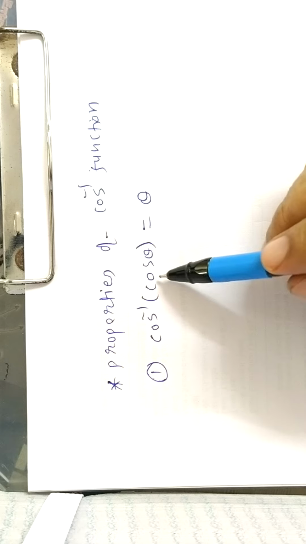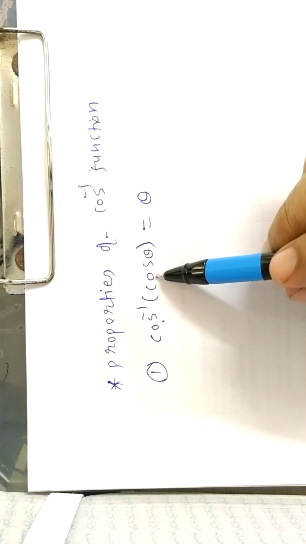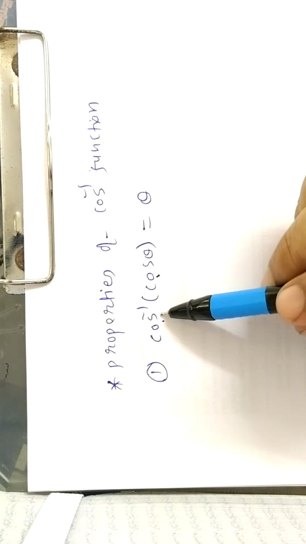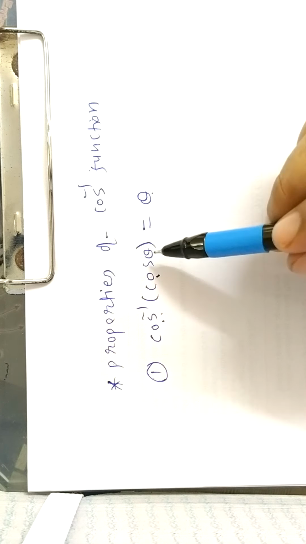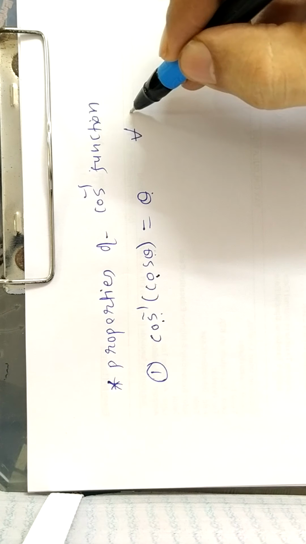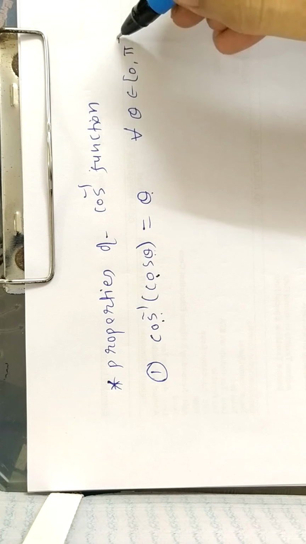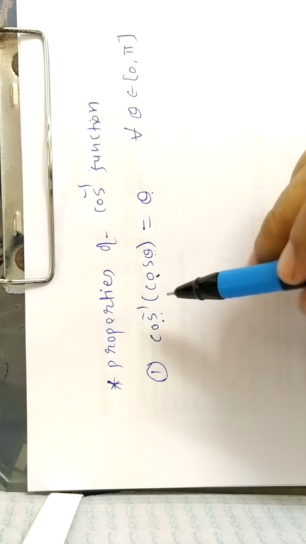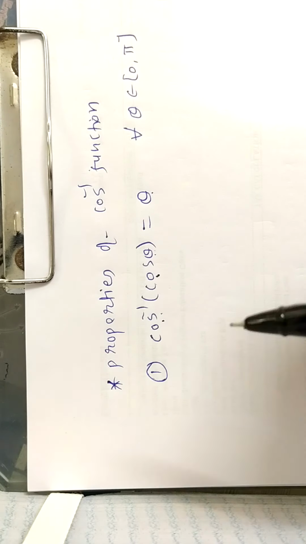This is the composition of cos and cos inverse. The composition of a function and its inverse is equal to identity function if the value of theta belongs to 0 to pi, or every theta belongs to 0 to pi. If theta does not belong to 0 to pi, then this composition is not possible.